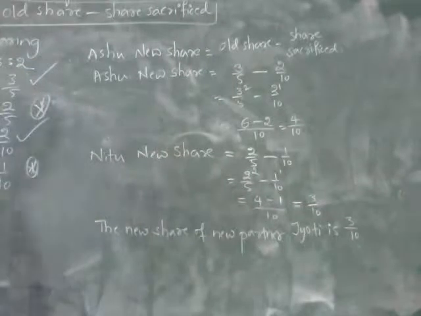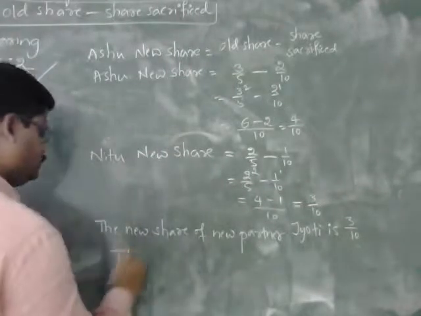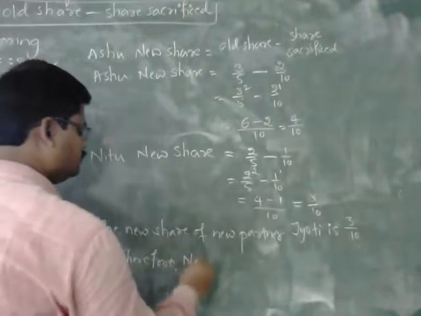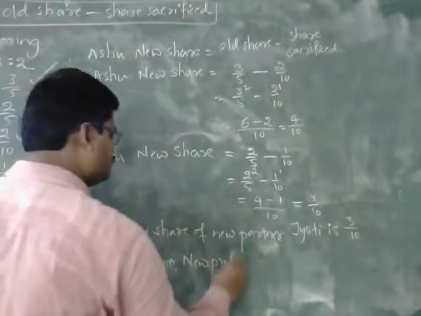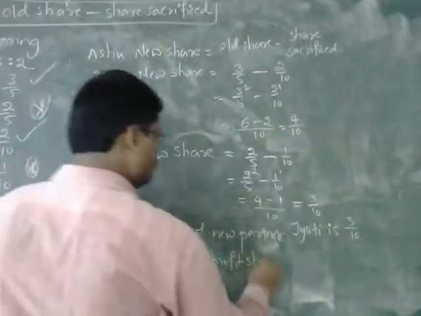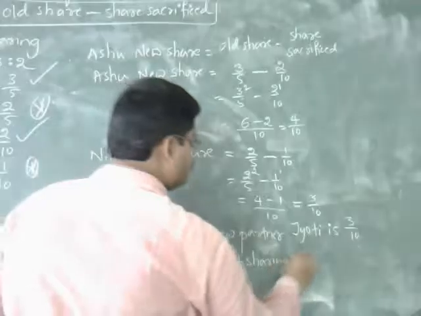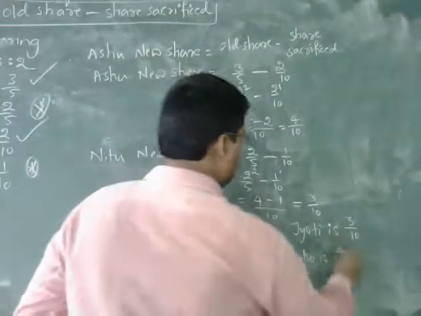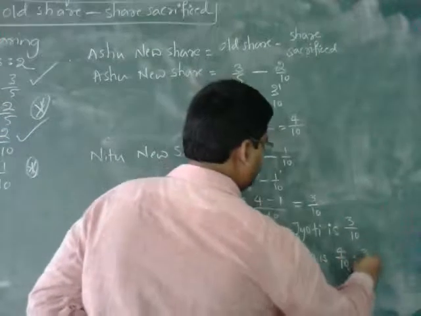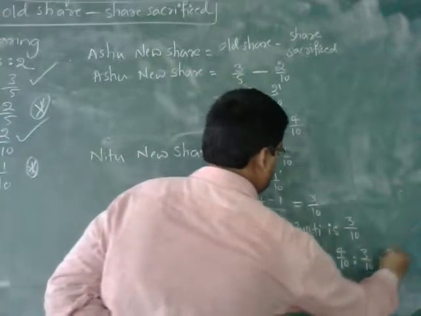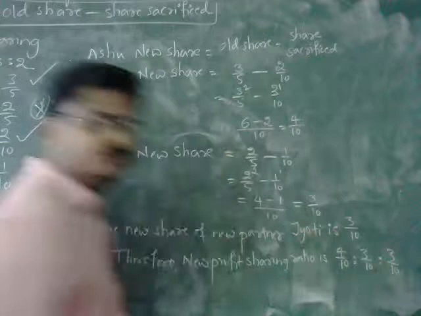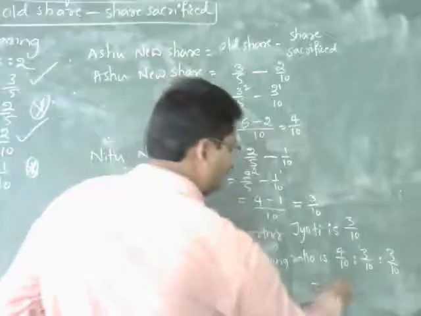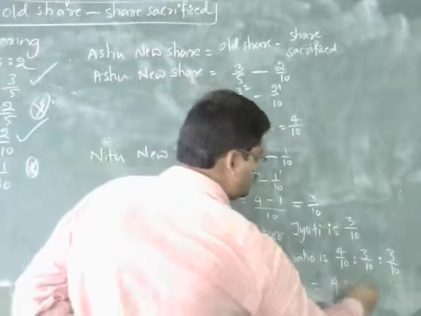So therefore, the new profit sharing ratio is 4 by 10 is to 3 by 10 is to 3 by 10, that is to say 4 is to 3 is to 3.